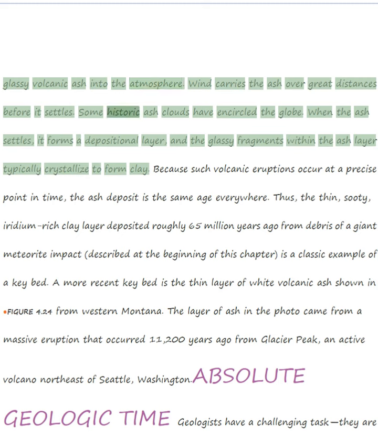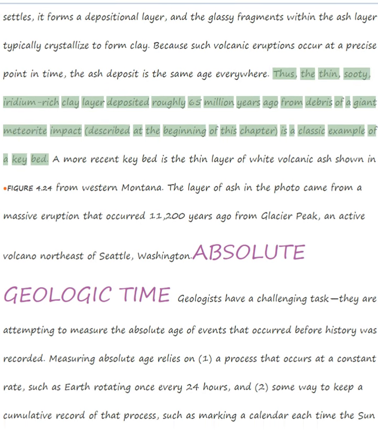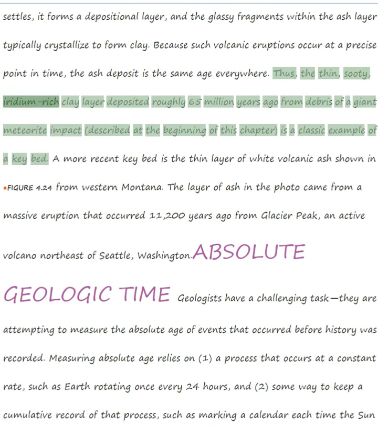When the ash settles, it forms a depositional layer, and the glassy fragments within the ash layer typically crystallize to form clay. Because such volcanic eruptions occur at a precise point in time, the ash deposit is the same age everywhere. Thus, the thin, sooty, iridium-rich clay layer deposited roughly 65 million years ago from debris of a giant meteorite impact is a classic example of a key bed.